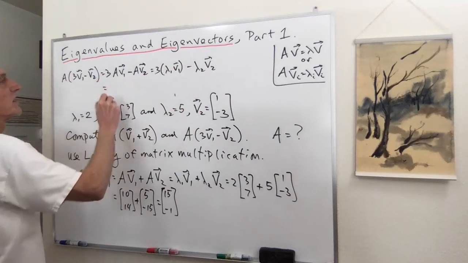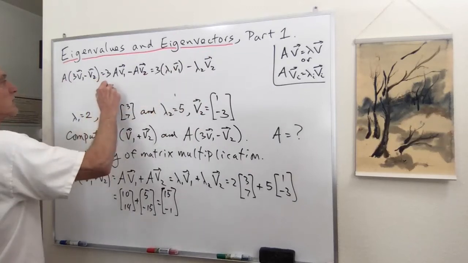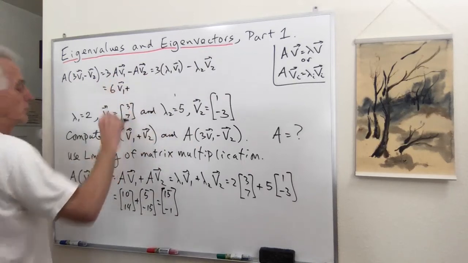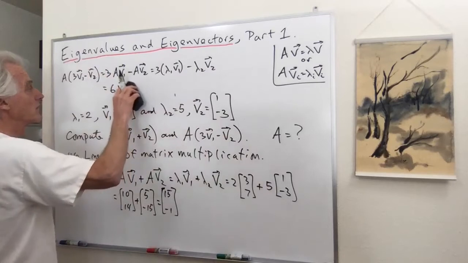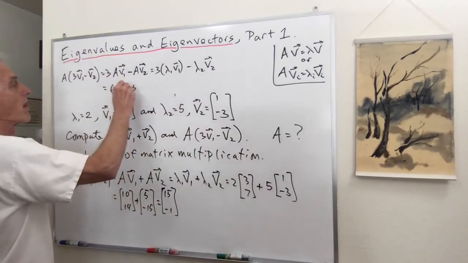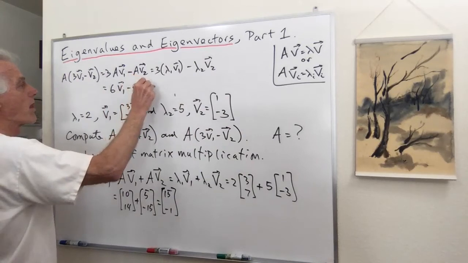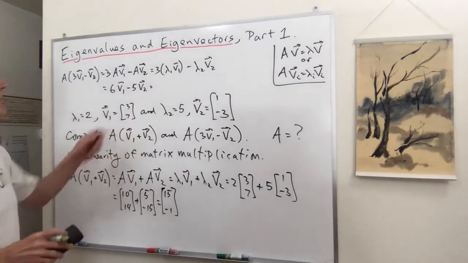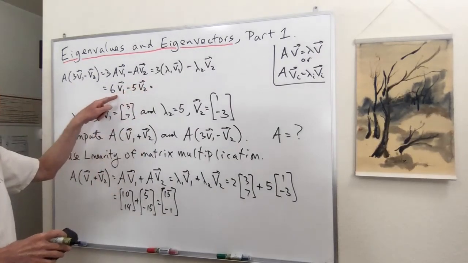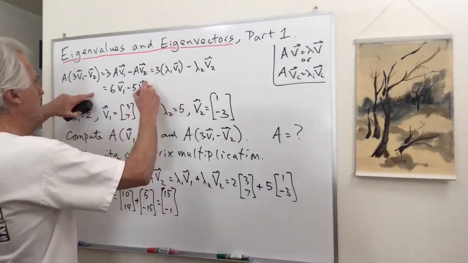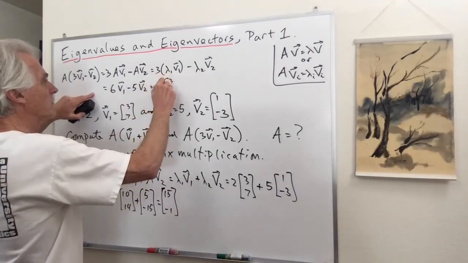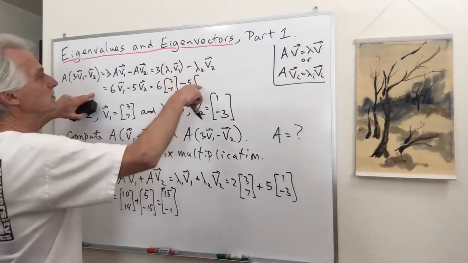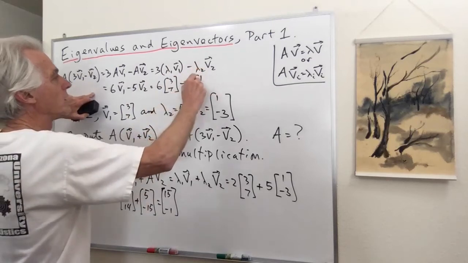Okay, so this is 3 times 2, 6 V1, minus 5 V2. And you can do this more quickly if you want to. Okay, but all right. So to get 6 V1, let's put the V1 and V2 in. This is 6 times (3, 7) minus 5 times (1, -3).